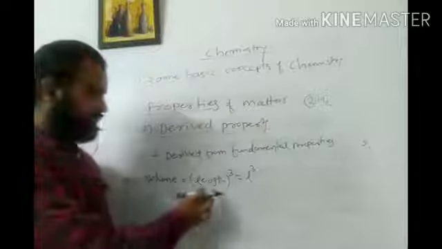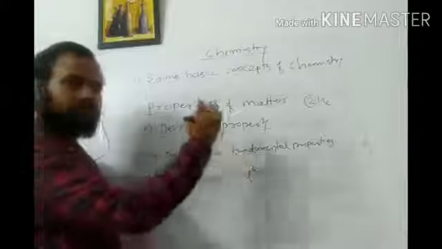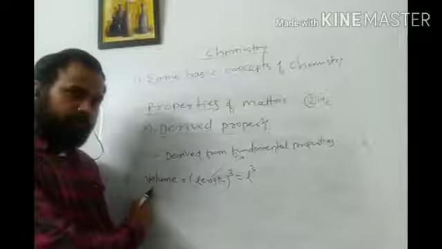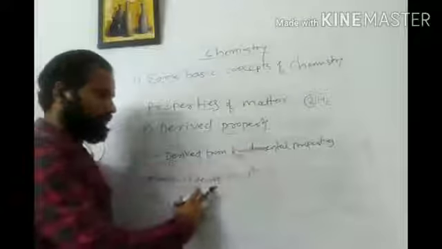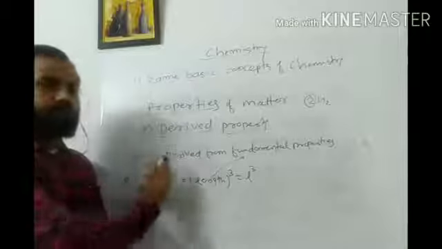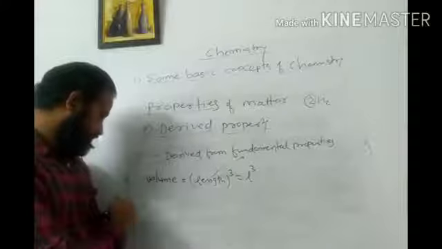Now length is what? Length is a fundamental property. So if I want to calculate volume, I need the fundamental property length. Then I can calculate the volume. So volume is a derived property. Are you getting it?